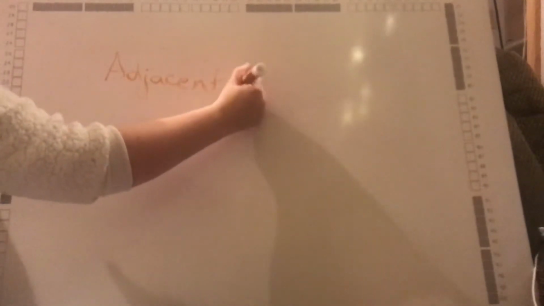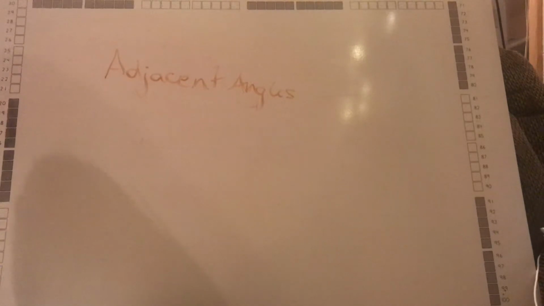Okay. The next thing you have is some definitions of angles. So, adjacent angles. I'm going to switch markers because this one is dying. Let's try this one. So, adjacent angles. They have a common vertex and a common side, but no common interior points.